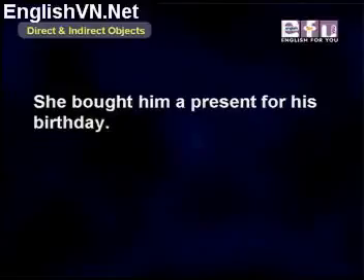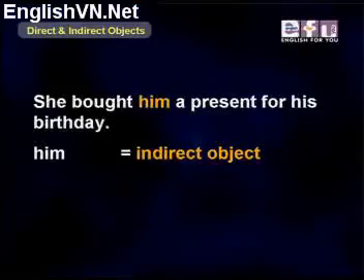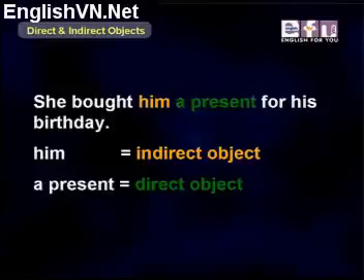She bought him a present for his birthday. Him is the indirect object and the present is the direct object. Good.